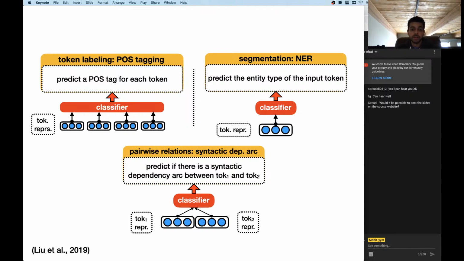So we'll talk more about this latter one in a bit to make it more clear. But you can pass in two representations of two different tokens and then ask a classifier to predict whether there is some sort of syntactic relationship between those two tokens, or what is the nature of that syntactic relationship.